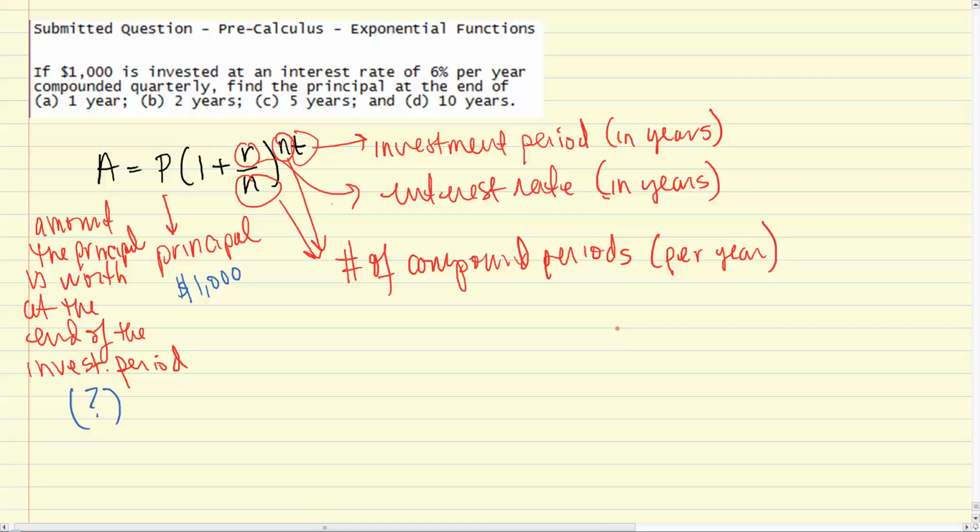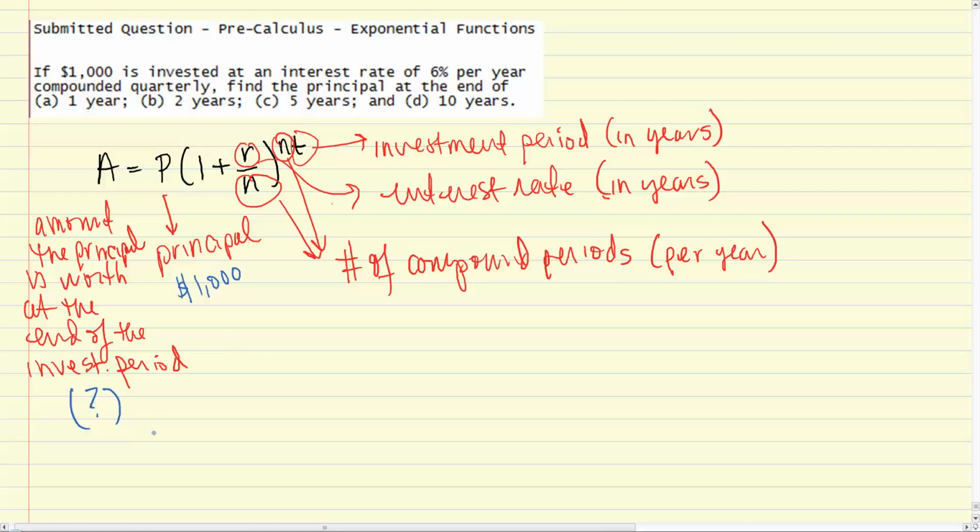Typically, the more often that you get interest on interest, the more money you're earning. And so that's what this n stands for in this problem, how often you're going to get the compounding of interest.